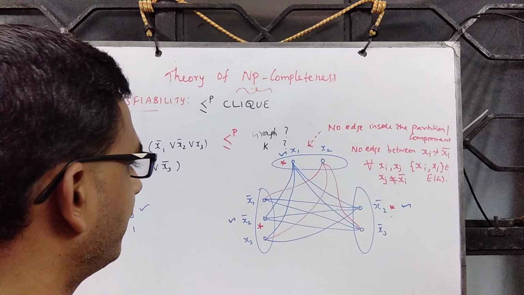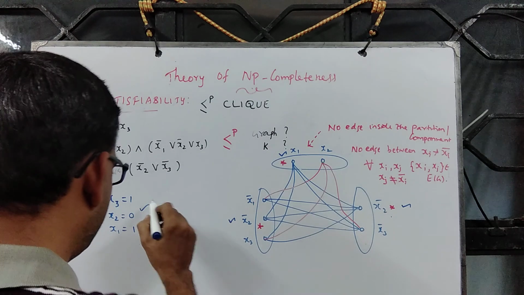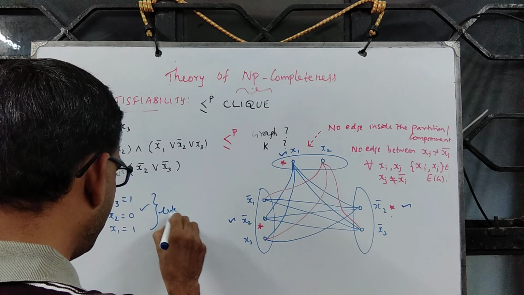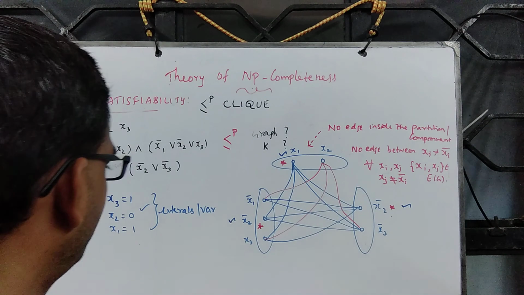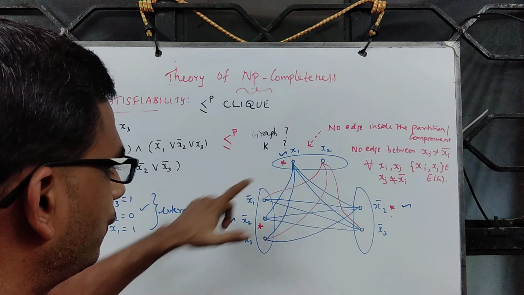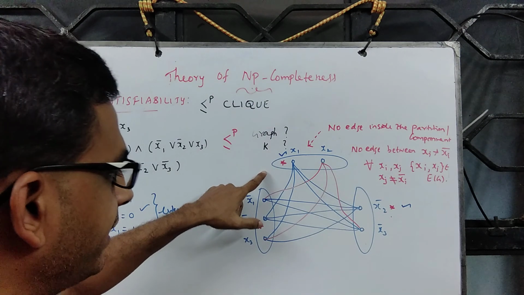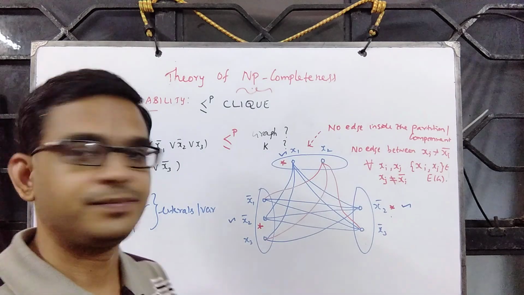Now you see that these are called literals or variables. The literals that are set to true help us in finding a clique here.